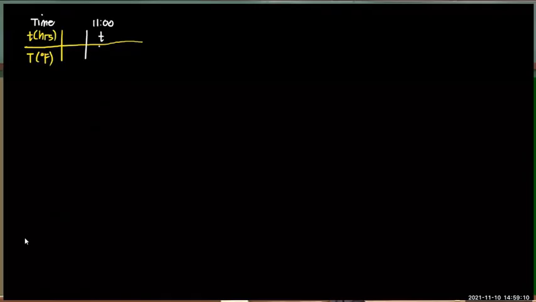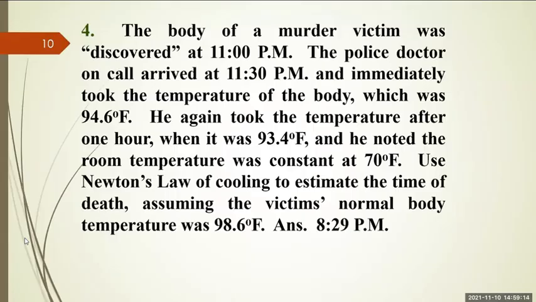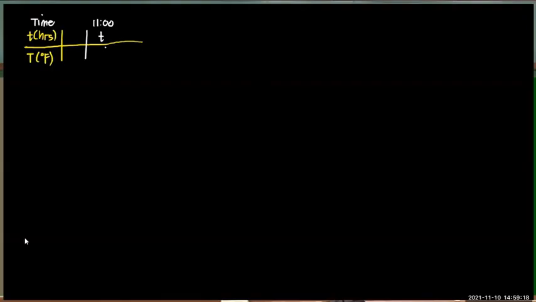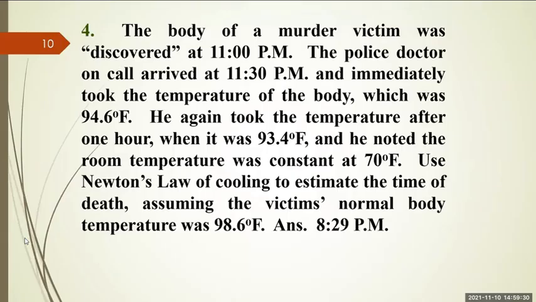And then at T hours, the temperature was what, guys? You don't know. But at T plus 0.5 hours, which is 11:30 p.m., what was the temperature?